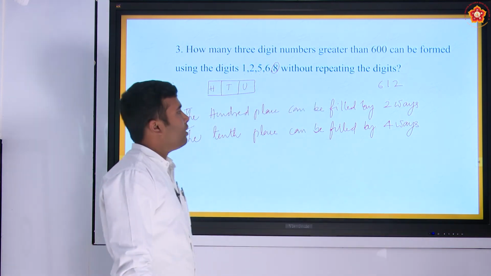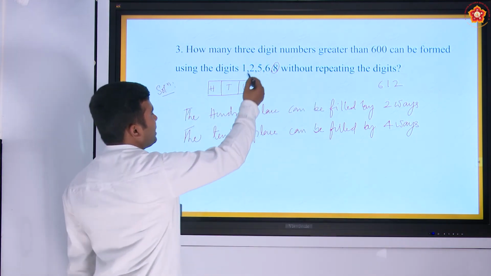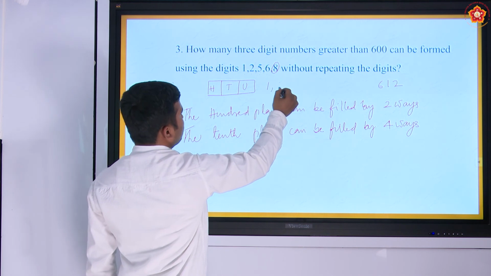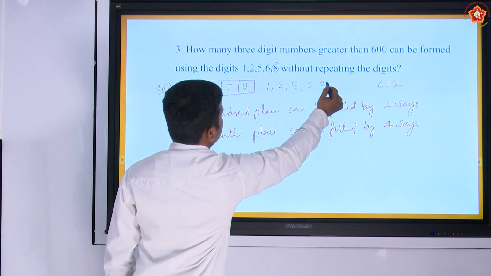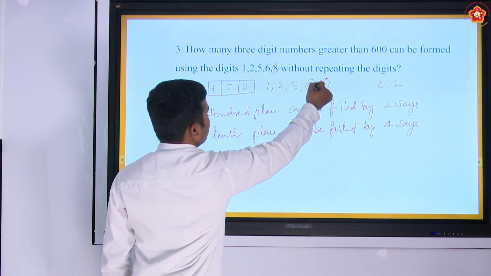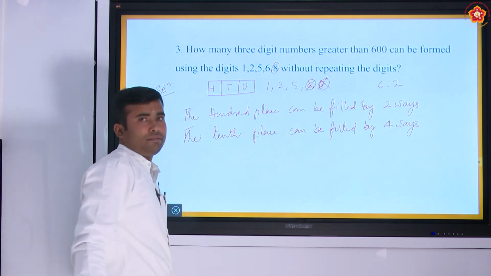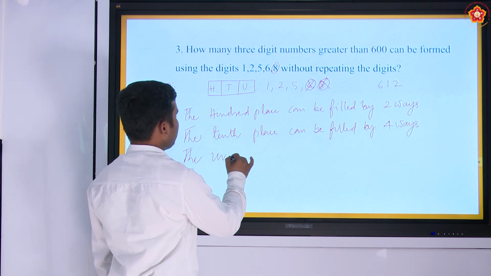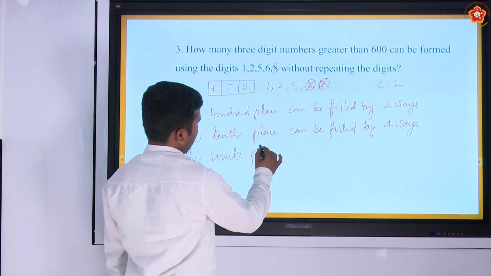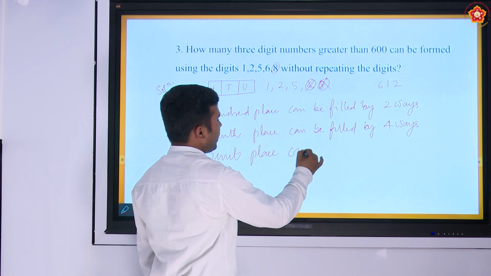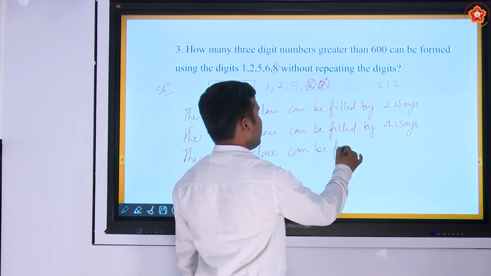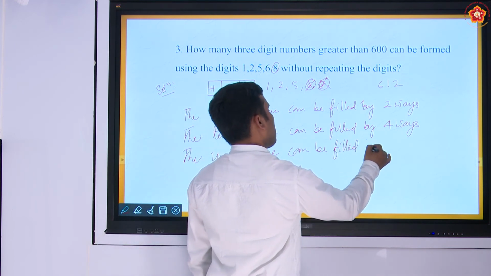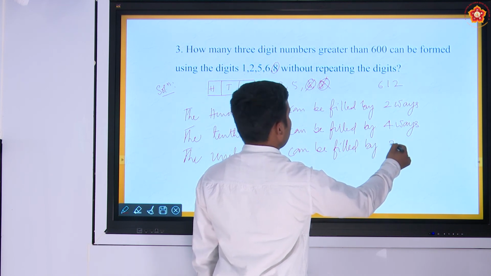Now, one of the digits will be removed already. I can remove 6, then how many digits will be left? We have 3 digits left. Then obviously the unit place can be filled in how many ways? 3 ways.